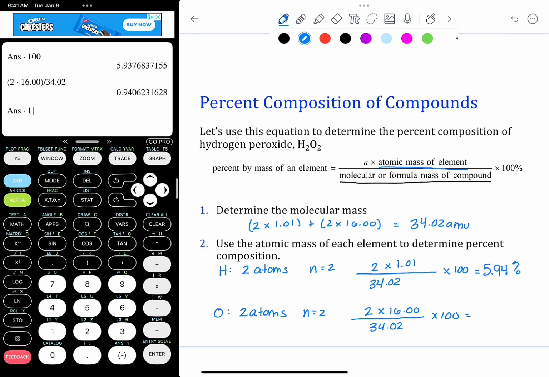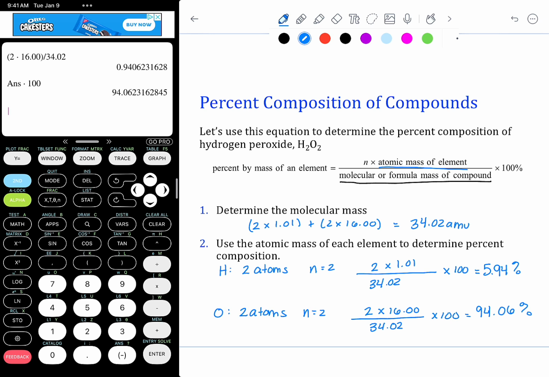And then we multiply by 100. Never forget to multiply by 100. That gives us a percentage of 94.06%. So oxygen makes up 94% of hydrogen peroxide's mass. It's the heavier of the 2 atoms, so it makes sense that it takes up more of that mass.